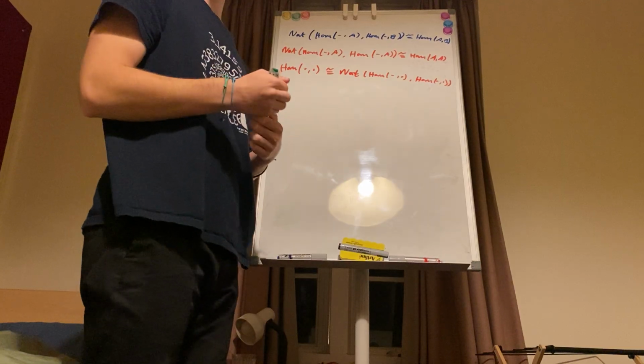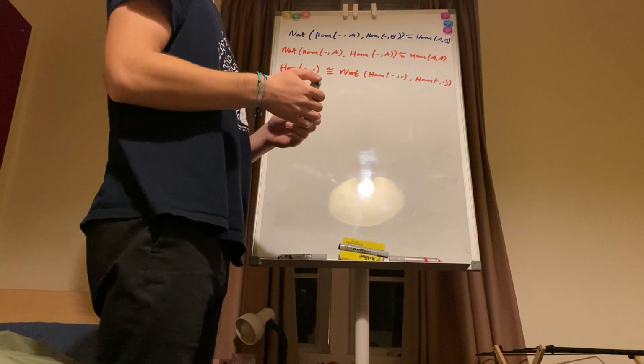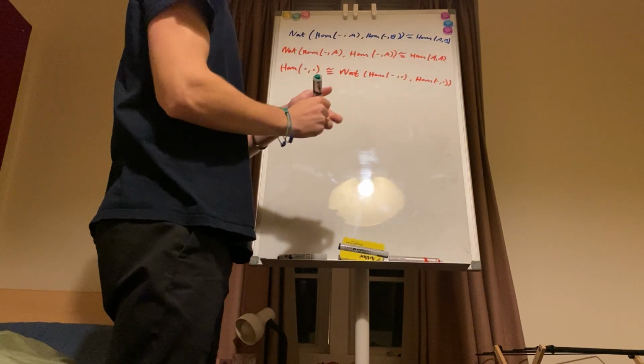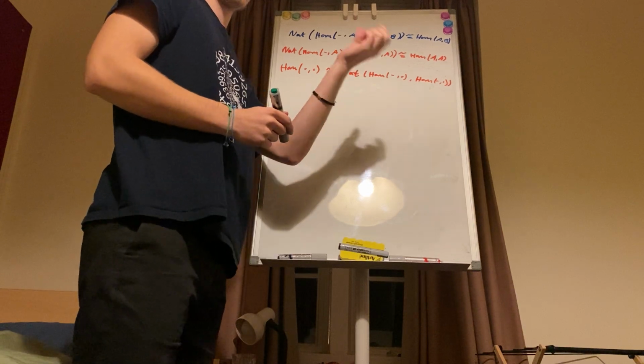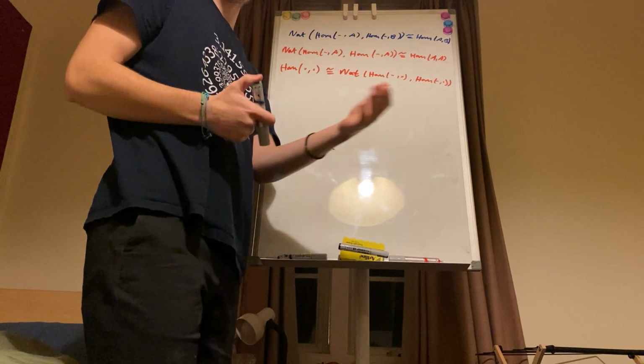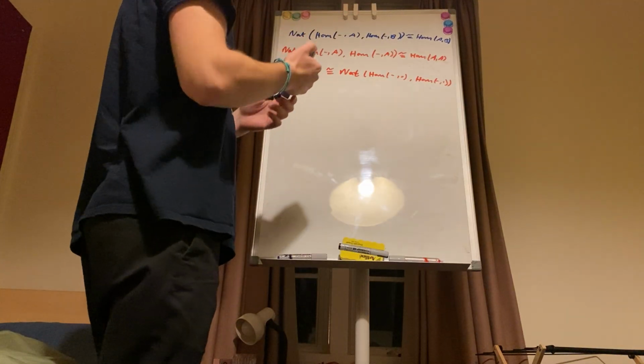And to do this, we shall say, okay, well, indeed, natural transformations are actually examples of functors within the category of functors.